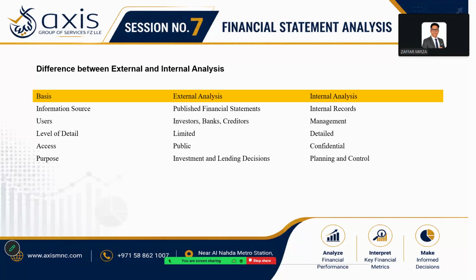Level of detail: in external analysis, they publish the financial statements and will not give any ledger summaries, but internal analysis gives detailed analysis. Access: public versus confidential. Purpose: investment and lending decisions versus planning and control.